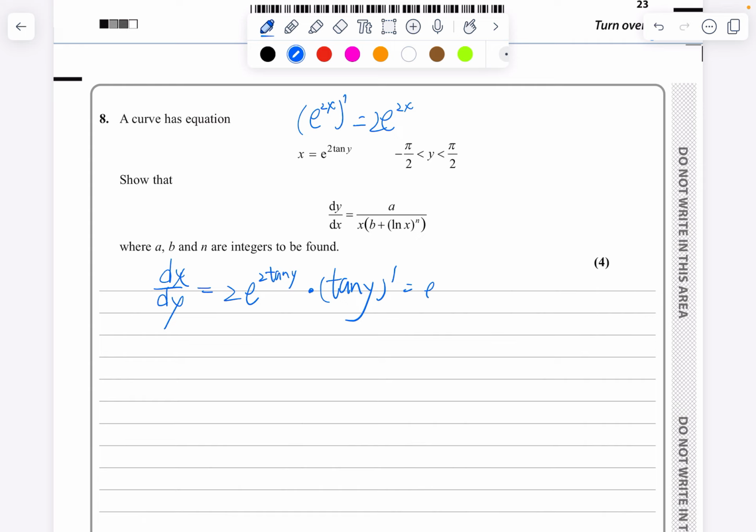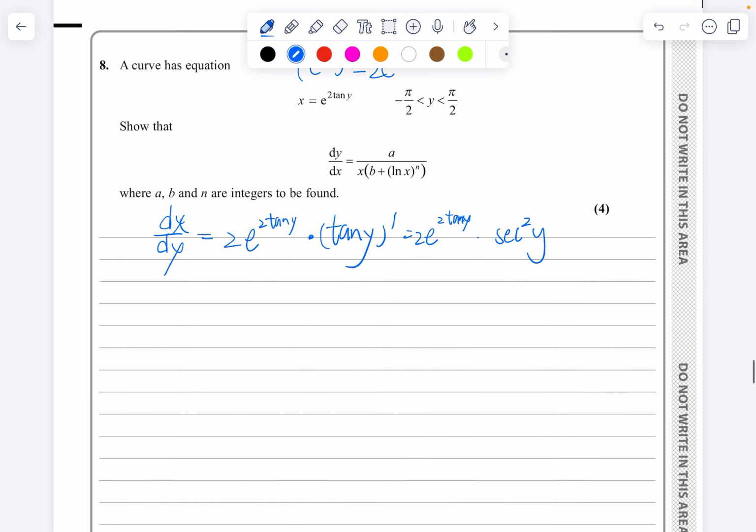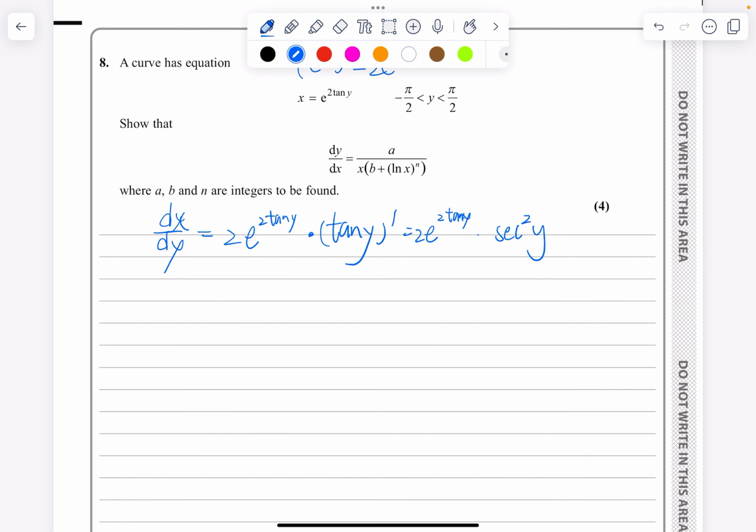That would be equal to 2e to the 2 tan y times secant squared y, because the derivative of tangent y is secant squared y. And then what does he want? They want dy over dx.